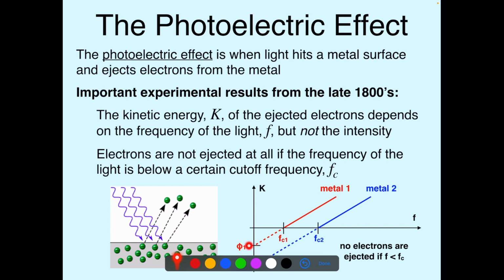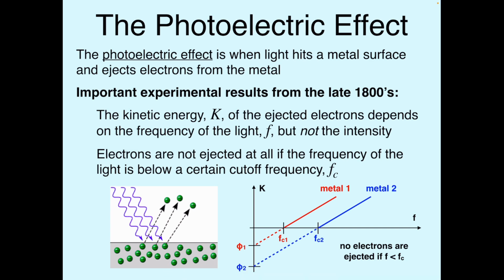Okay, now the energy value that we hit as we extrapolate back is called phi. Okay, and I'm going to explain what this is in a second, but just take note of the fact that we have phi 1 over here for the intercept for metal number 1, and we have phi 2 over here as the intercept for metal number 2, okay?